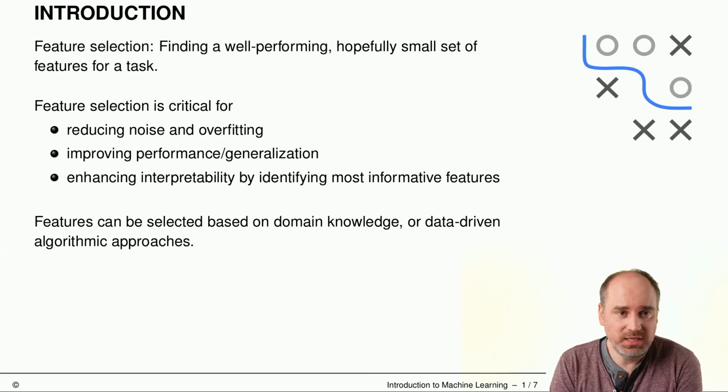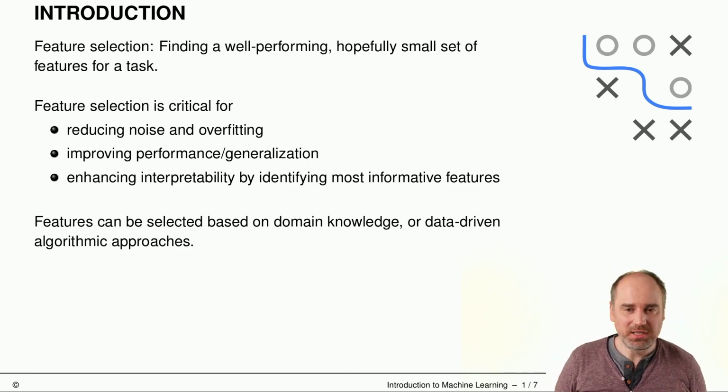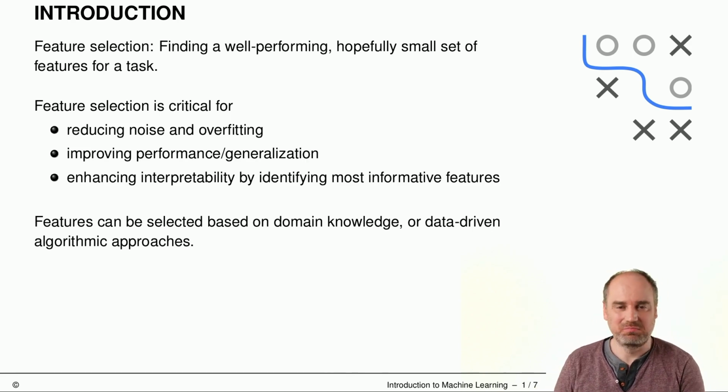And it certainly can enhance interpretability because it will help us identify the most informative features, and it will also help us to analyze our fitted ML models, because if these models are fitted on a smaller amount of features, these models will be of lower dimensionality, and I guess this makes it much simpler to analyze their structure and how they predict and how they model our given data set.